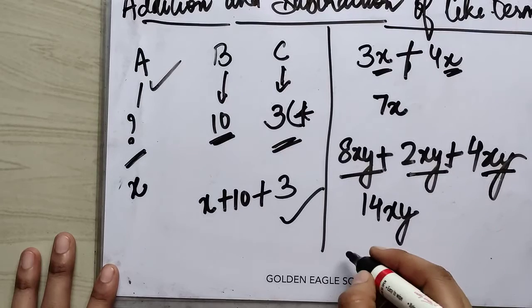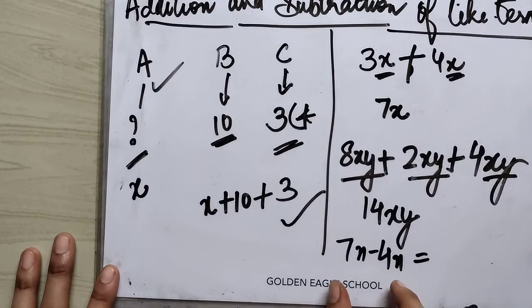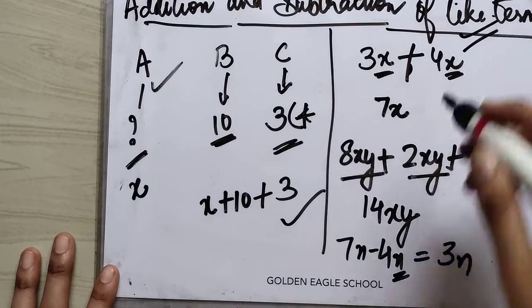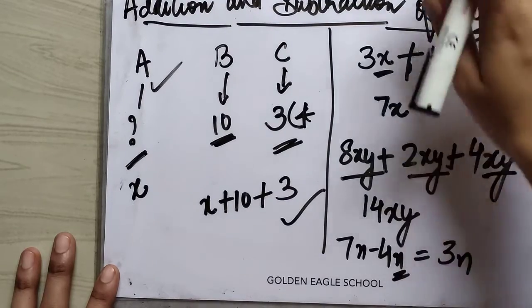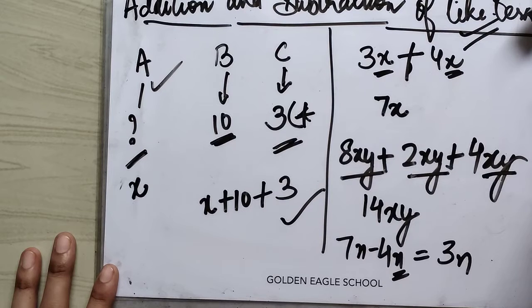Similarly, 7n minus 4n, subtraction we have to do. So subtract the numerical factors and write the algebraic factor. These are like terms. So the sum of two or more like terms is a like term with a numerical coefficient equal to the sum of the numerical coefficients of the like terms.